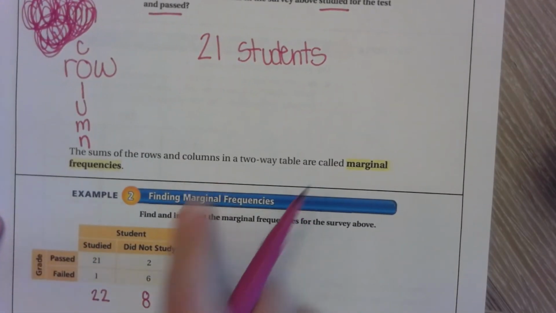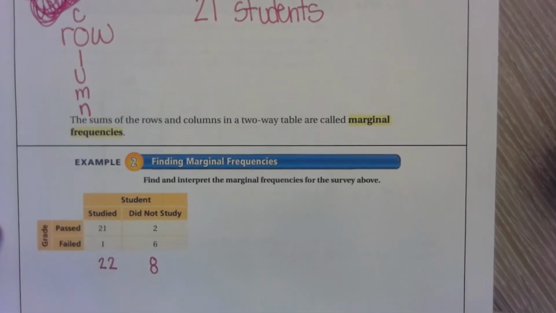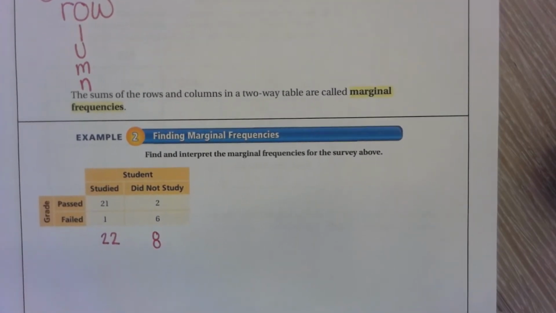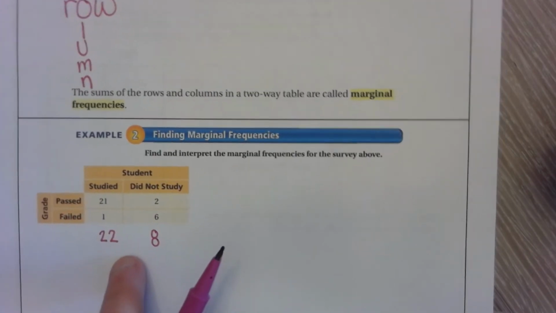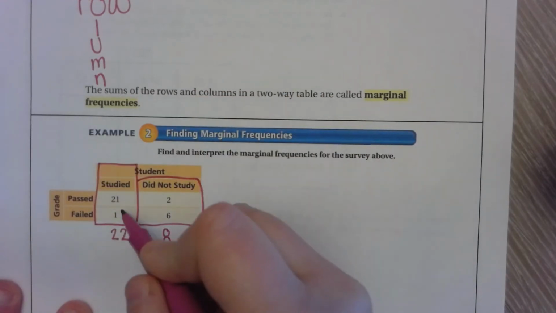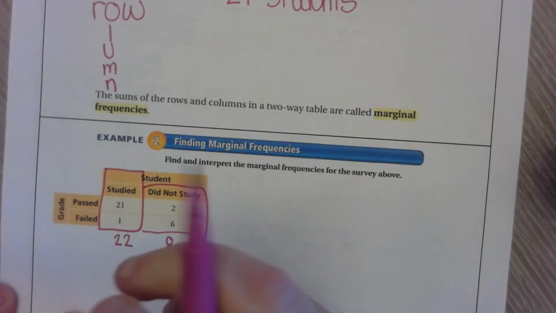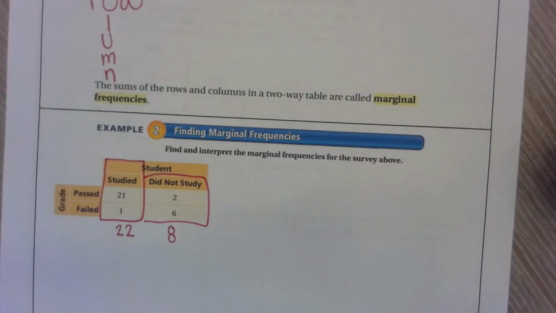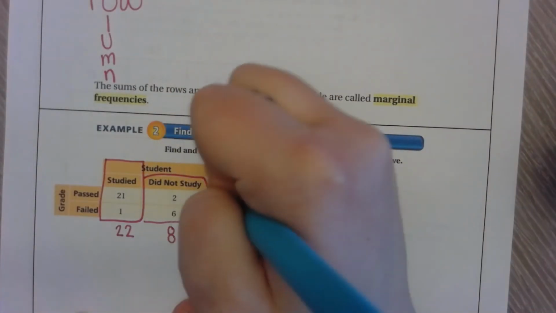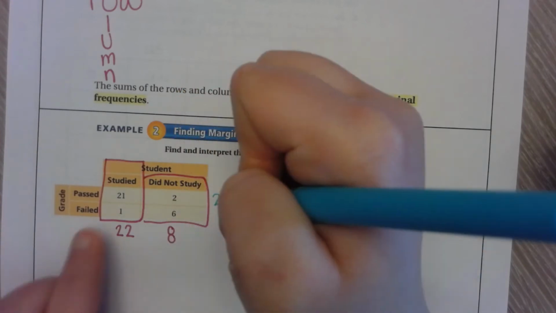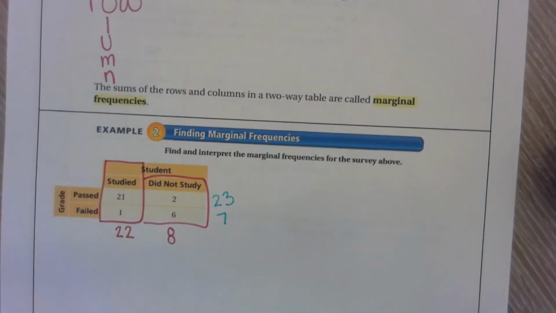Okay, and then it says the sums of the rows and columns in a two-way table are called marginal frequencies. So I just started coming in here and putting in my marginal frequencies. Okay, so if I have my columns, we have 21 and 1 is 22, 2 and 6 is 8, 21 and 2 is 23, 1 and 6 is 7.